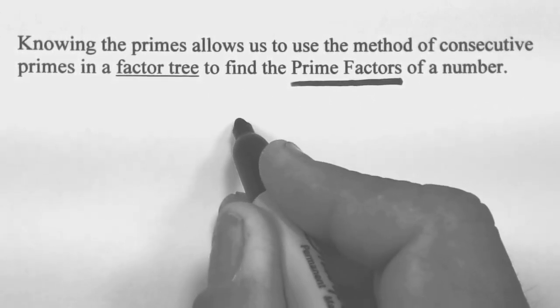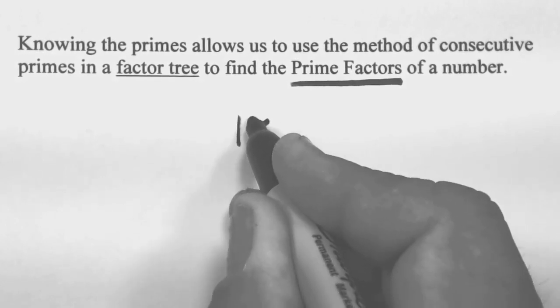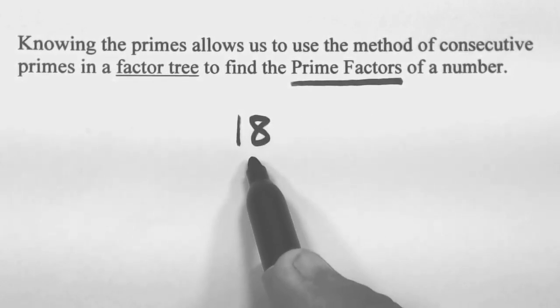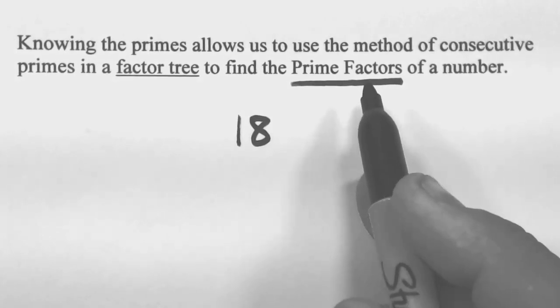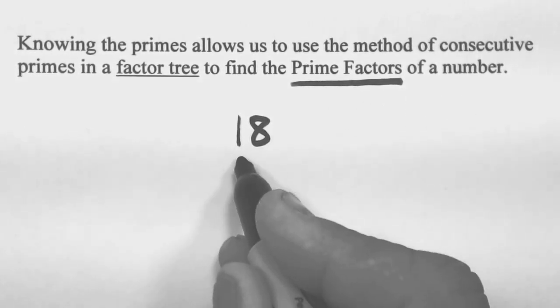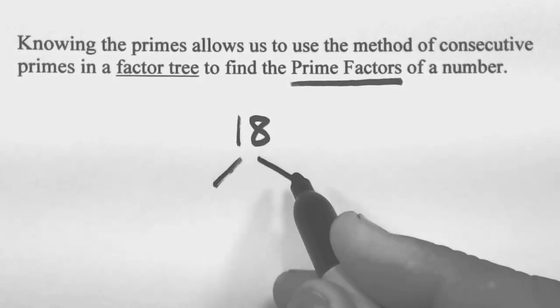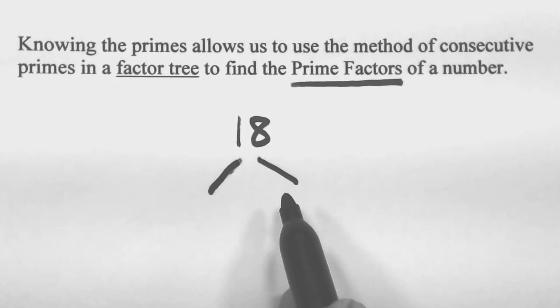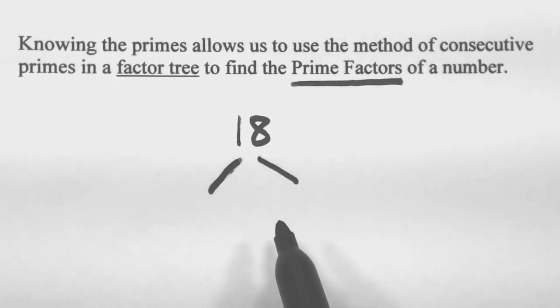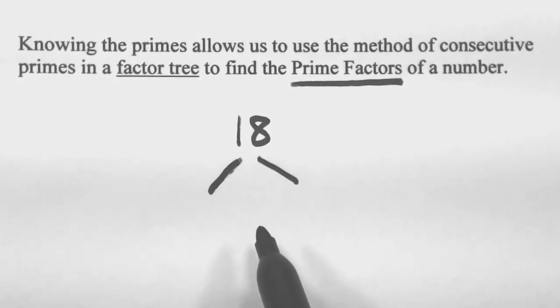Let's visit our original 18, but now instead of finding regular factors for it, we're going to find the prime factors. Well, if we do this factor tree approach, I put a couple of branches down underneath 18. These kind of look like tree branches, so that's why folks call this a factor tree. And here's the idea.